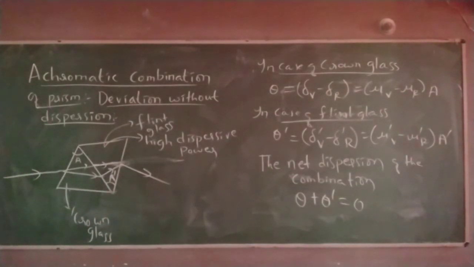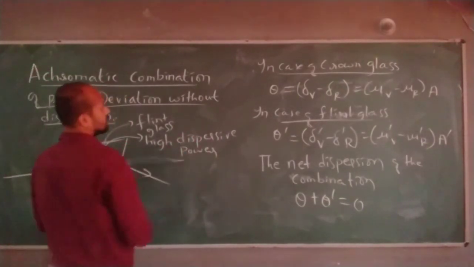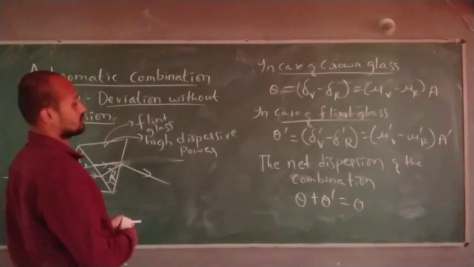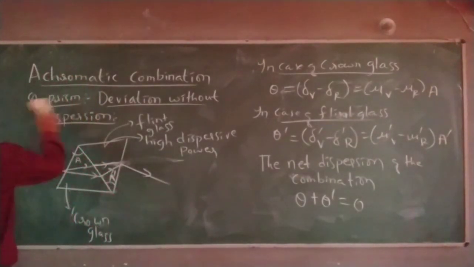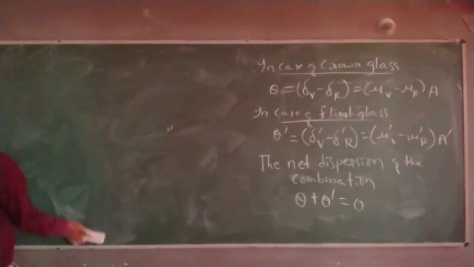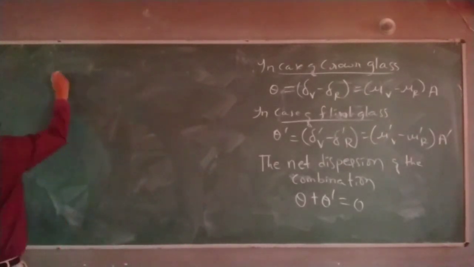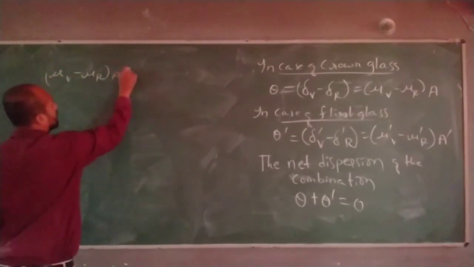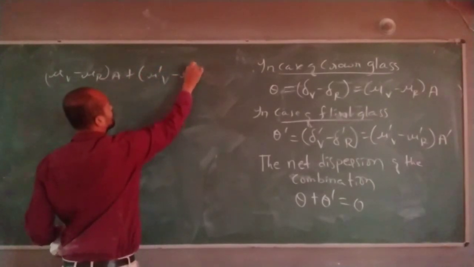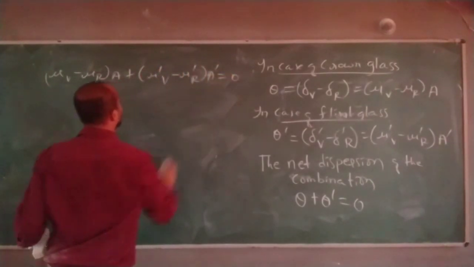I will write here. That means theta, which is mu v minus mu r into a plus mu dash v minus mu dash r into a dash, must be equal to 0.